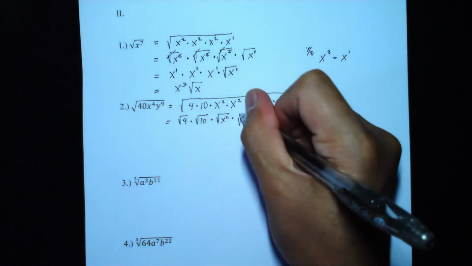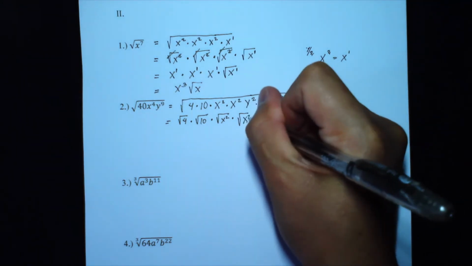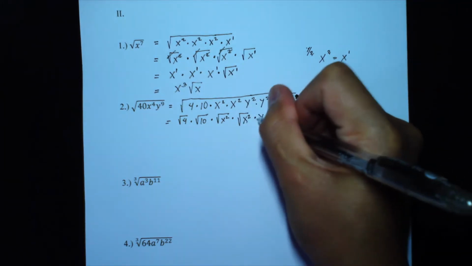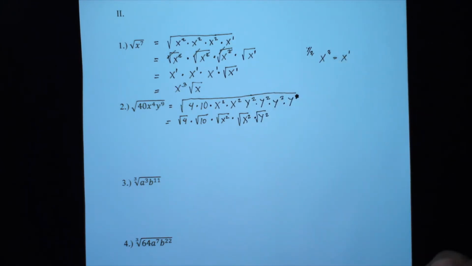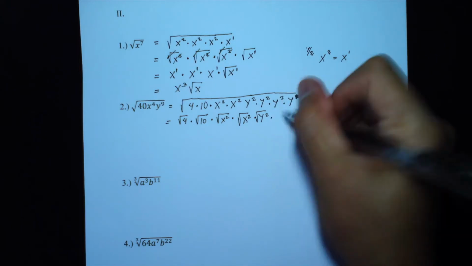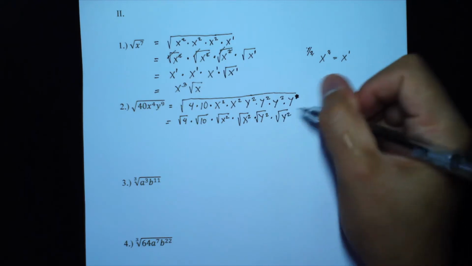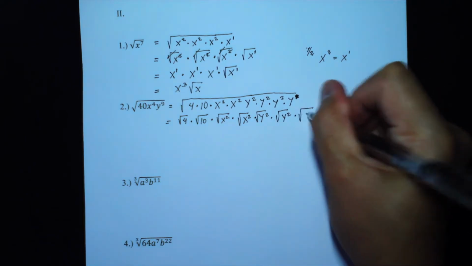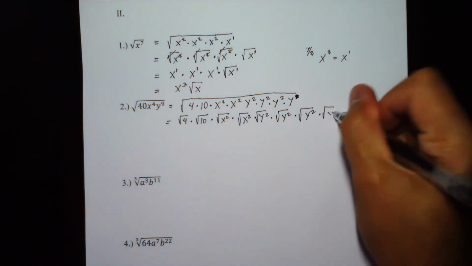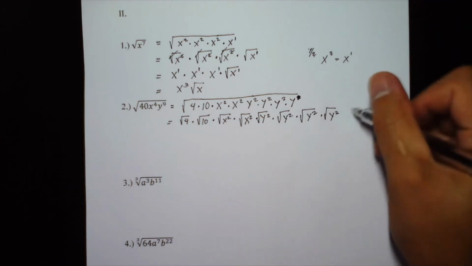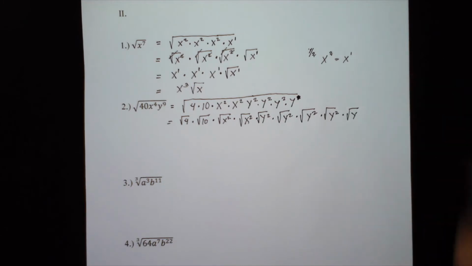So we have the square root of x raised to 2, then the square root of y squared, the square root of y squared, the square root of y squared, then the square root of y squared, and we have the last square root of y.